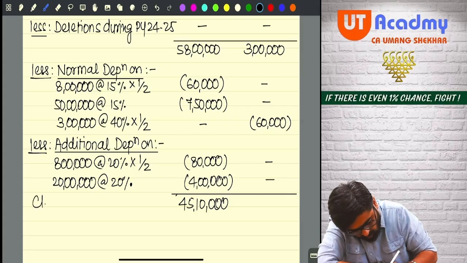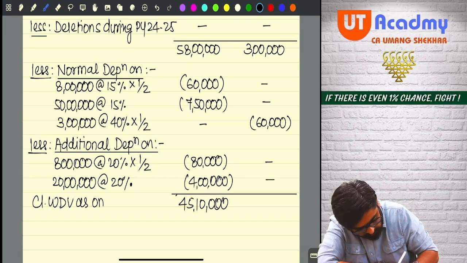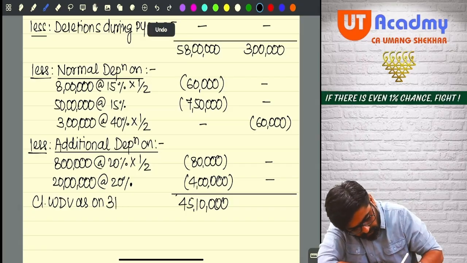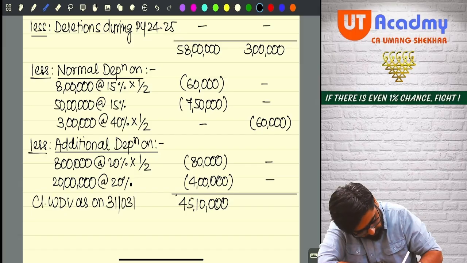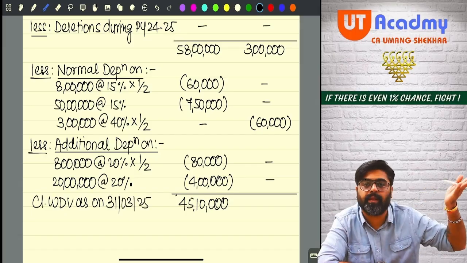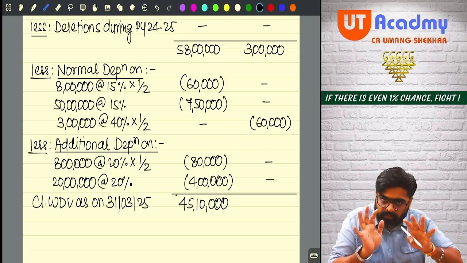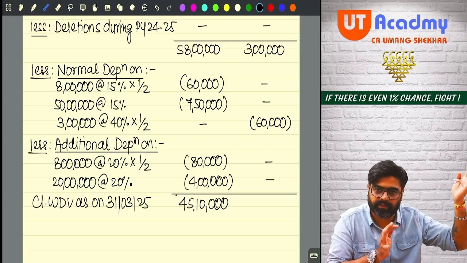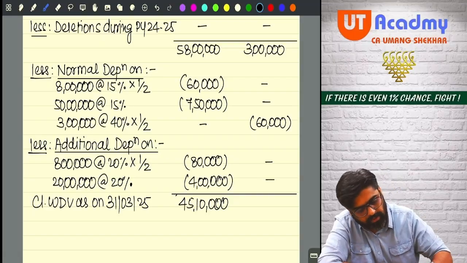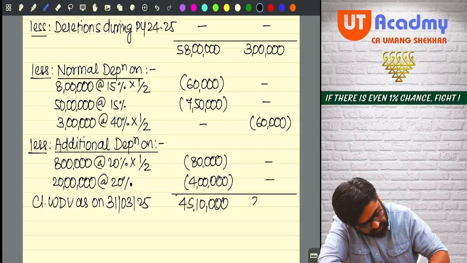This is the closing WDV as on 31st March 2025. And this will become opening in the next year. After reducing depreciation for this year, whatever remains will become opening in the next year. Yes or no? And from 3 lakh, if I'll reduce 60, I'll get 2 lakh 40.